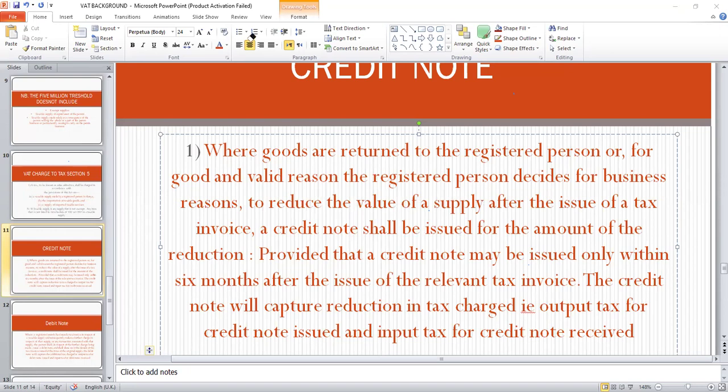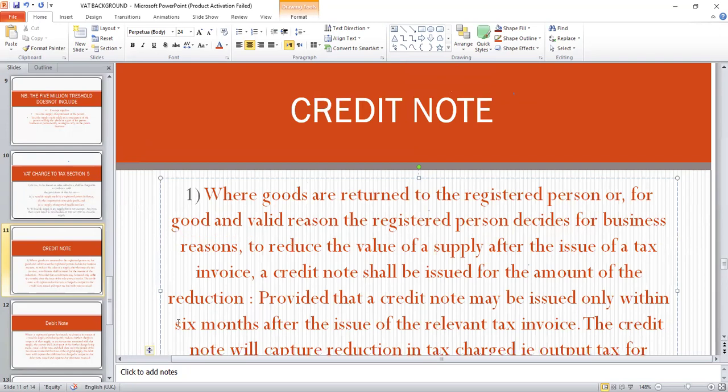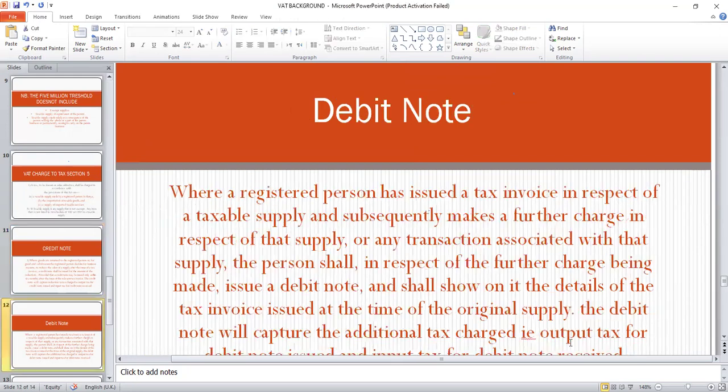Next is all about the debit note. It is the opposite, the vice versa of a credit note.